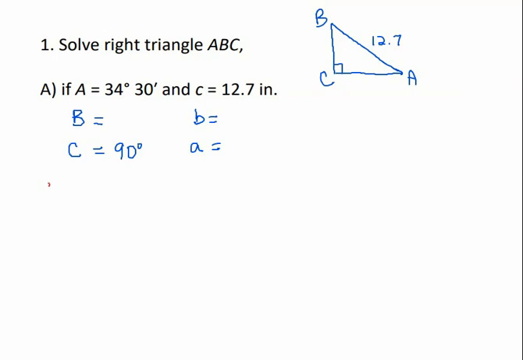All right, so if I took 90 degrees and subtracted 34 degrees 30 minutes, first of all, I need to have some minutes to subtract from. So instead of 90 degrees, I'm going to write it as 89 degrees 60 minutes. 60 minutes is the same as another degree, so that's the same as 90 degrees.